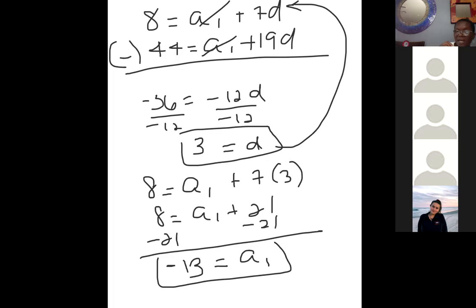Now we're not quite done, because they also want us to figure out the general term formula, the nth term formula. Now that we have a1 and d, we can plug them in. The nth term formula, remember, is a general formula you're creating to find any term in the sequence.